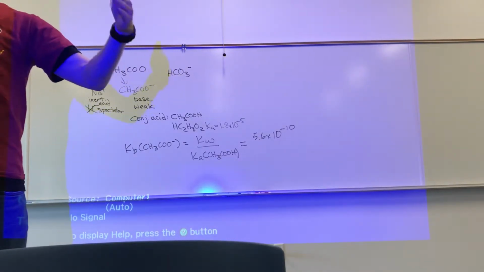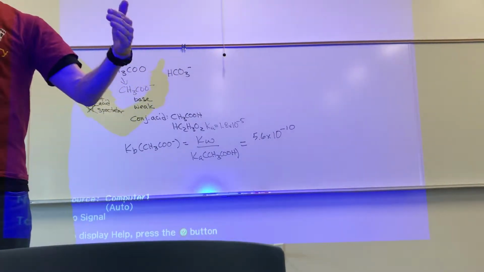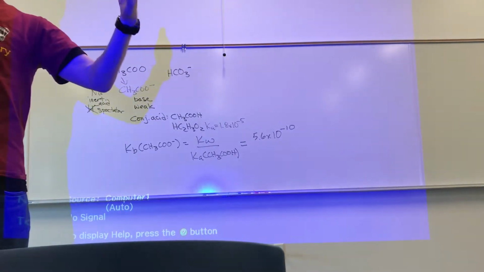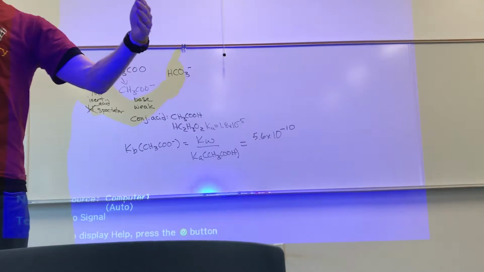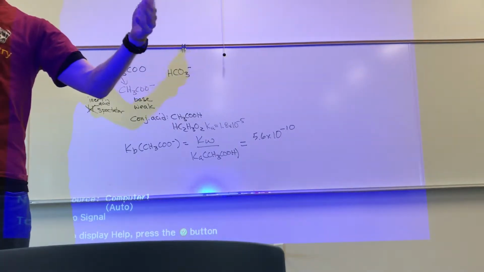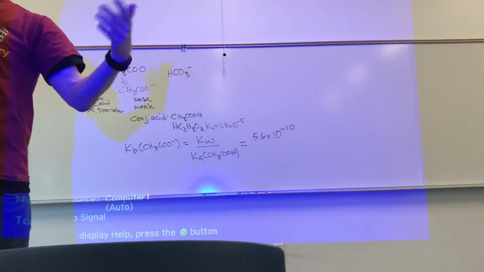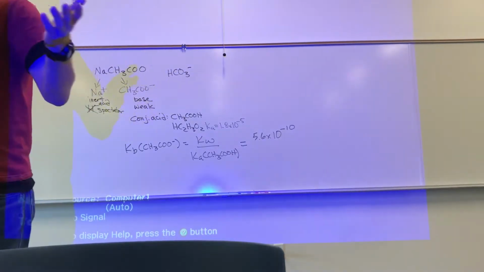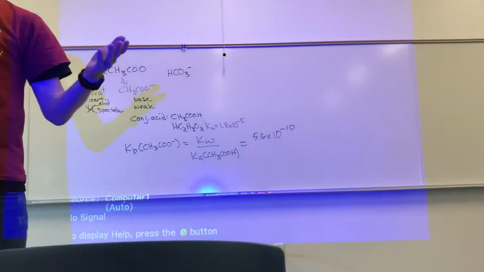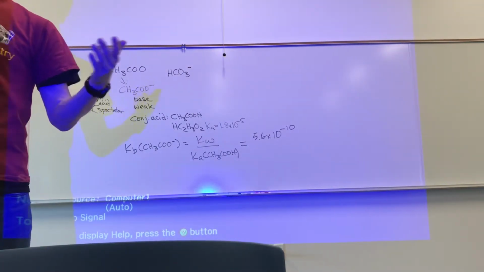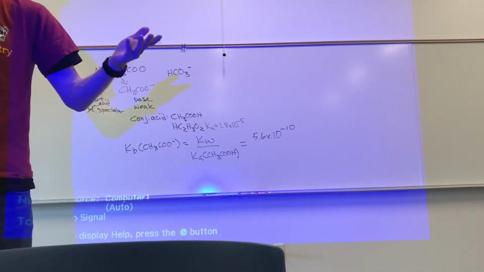In that way, water is like, with 10 to the minus 14, it's like it's inert. Water, if you just had water with its 10 to the minus 14 value, water would still have a pH of 7, and that's sort of the definition of inert.